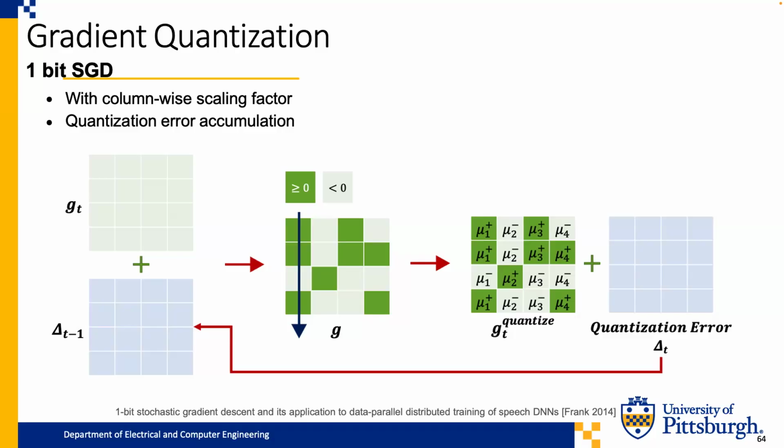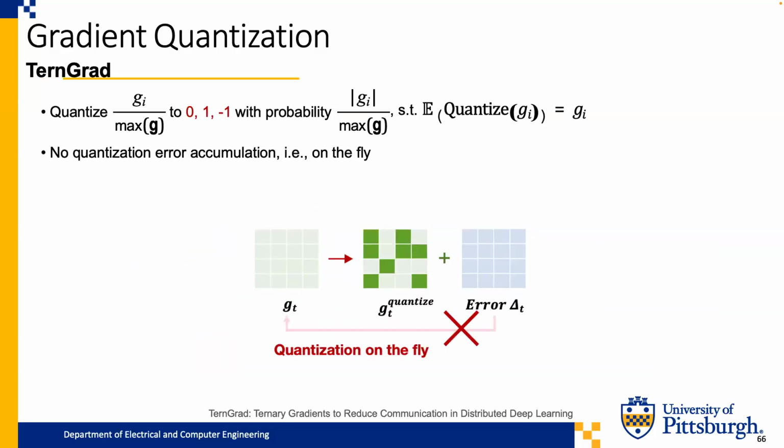What that means is that we need to keep one copy of the gradient and also one copy of the quantization error. TernGrad is trying to fix that problem, and it is trying to eliminate the need for this quantization error. It does not need to keep another copy of this.